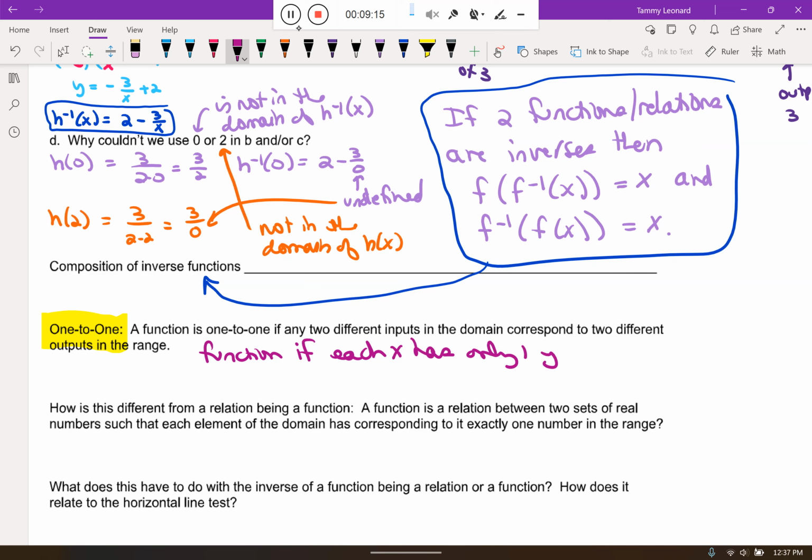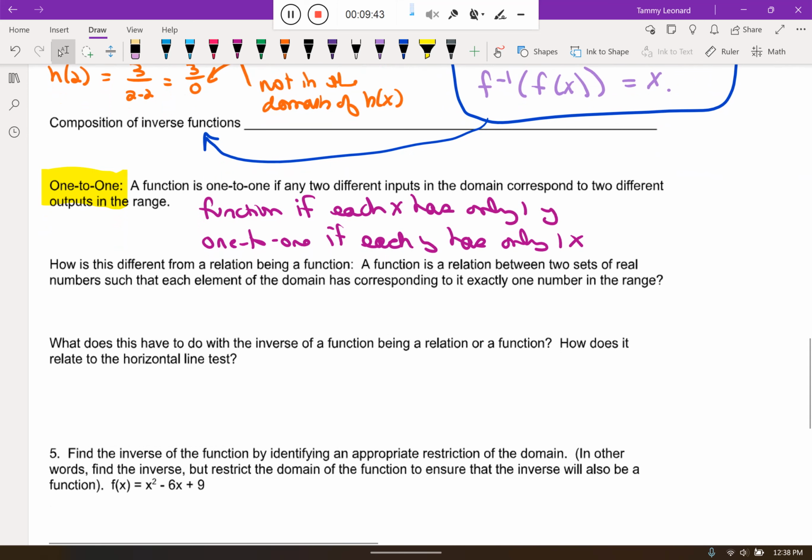One-to-one says, okay, it's already a function because each x has only one y. But also, it's a one-to-one function if each y has only one x. So it goes the other way as well. In other words, every y value has only one x value that can create it. So this is a subset of all functions.